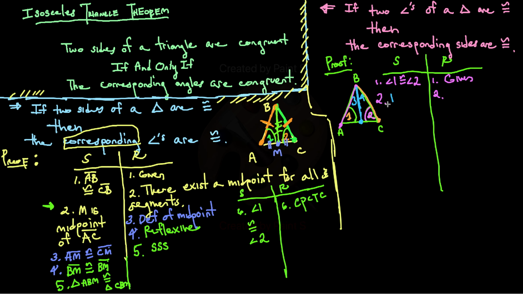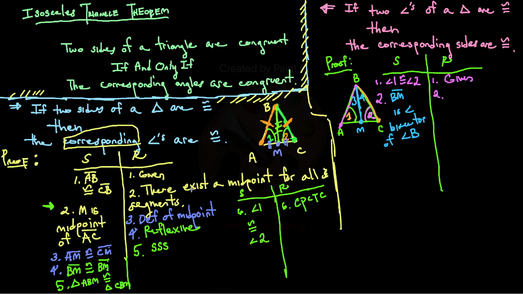So let's write BM. Let's call this point M. And we don't know that that's the midpoint. We know BM is the angle bisector of angle B, and we'll just call this whole angle B. That's because every single angle must have an angle bisector.